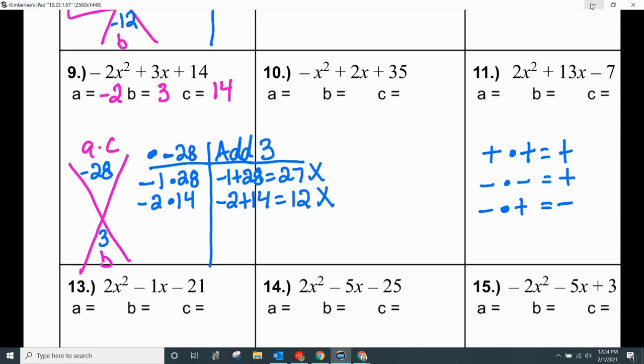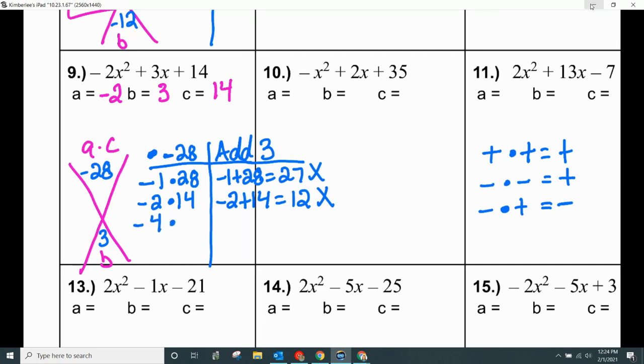Okay, so now let's try, what about -3? Is 28 divisible by 3? So remember, if you're not sure, type it in your calculator, 28 divided by 3, or 28 divided by -3. You're going to get a decimal. So no, it's not divisible by 3. So I'm going to skip 3, and now I go to 4. So -4 times what?